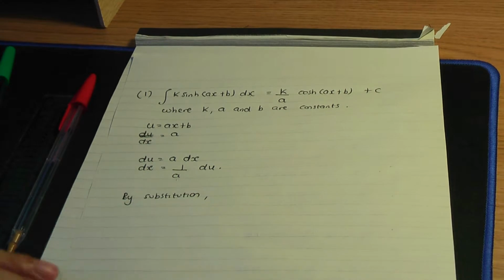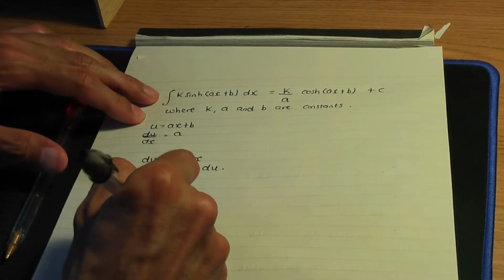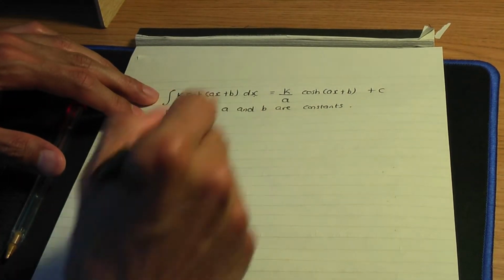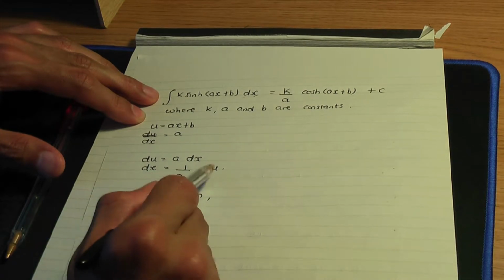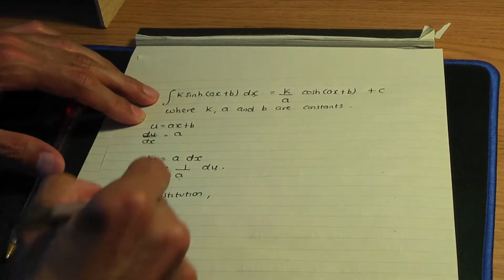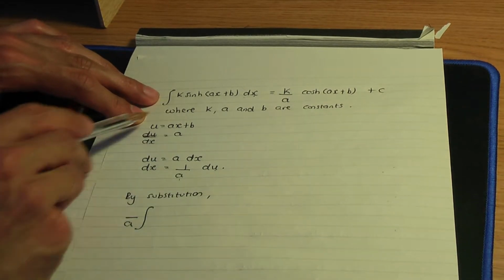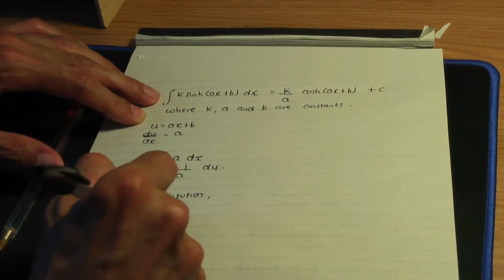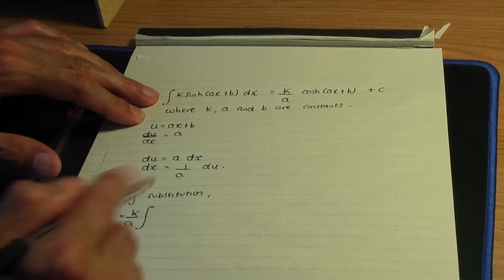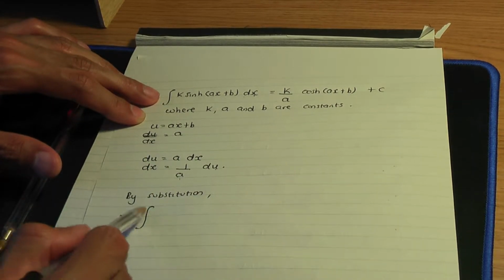So by substitution, I hope you can see that. In the integral, dx I'm going to replace by 1 over a du, so I'll write the 1 over a, and I'm also going to write that k outside as well. k is a constant, so you can only bring constants out of the integral.